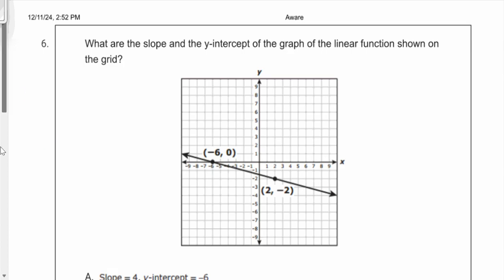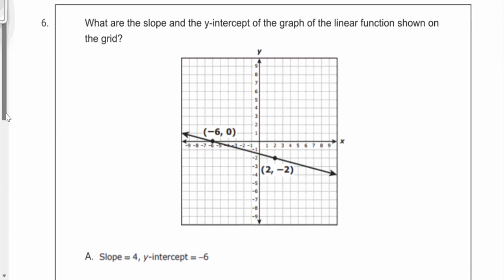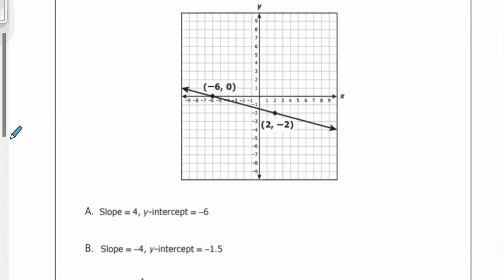What are the slope and the y-intercept of the linear function shown on the grid here? So if I look here, my y-intercept is located somewhere between -1 and -2. And my slope is going down 2 and over 1, 2, 3, 4, 5, 6, 7, 8.